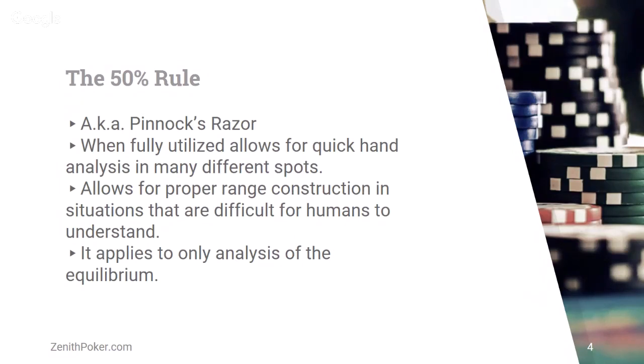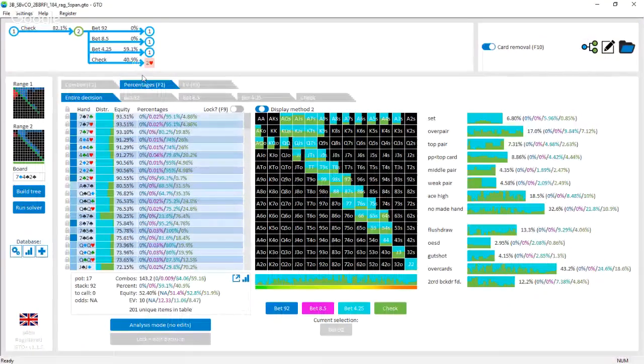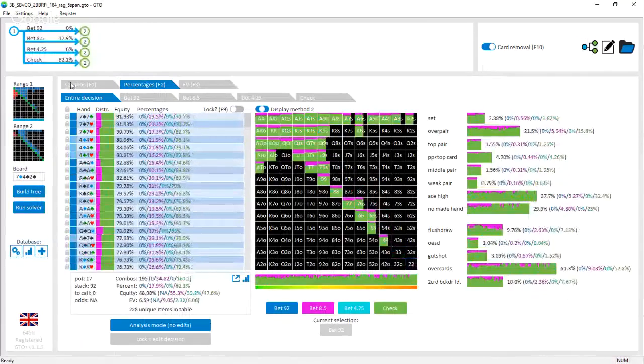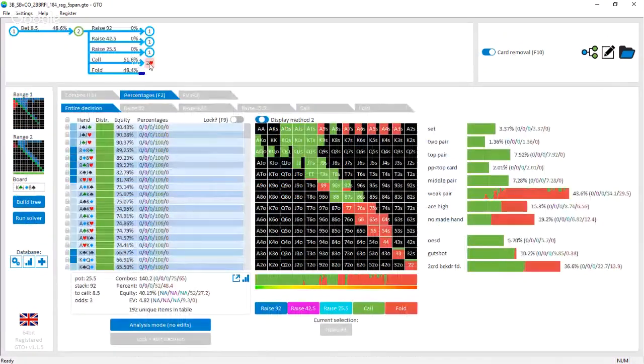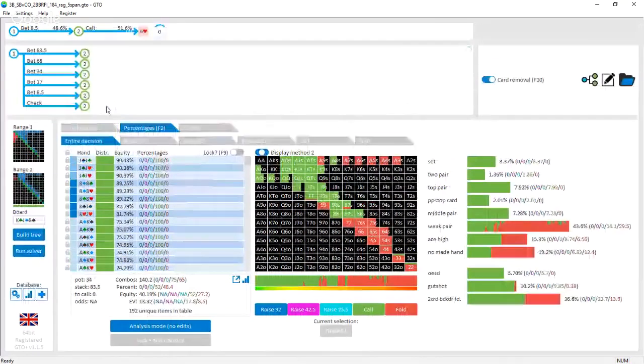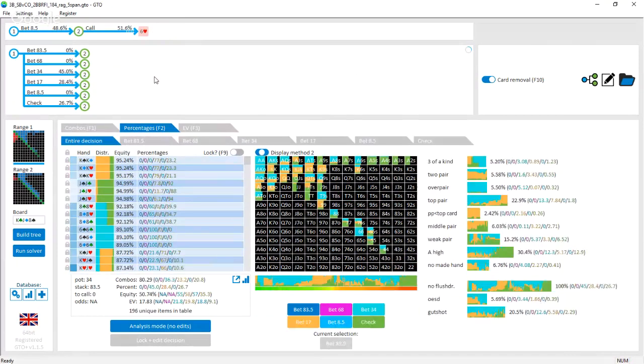So maybe we can have a look at a 3-bet pot just for good measure. King Jack 8. Say, what's this, half pot? Call. 6. See if that solves. Right. Half pot.